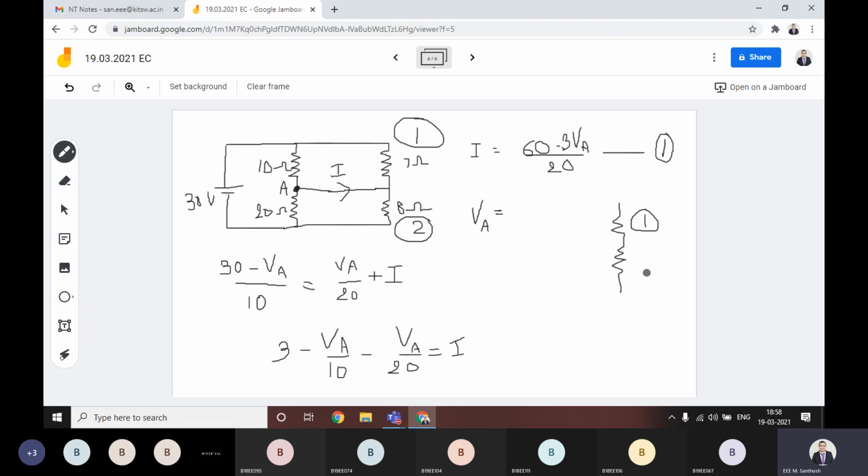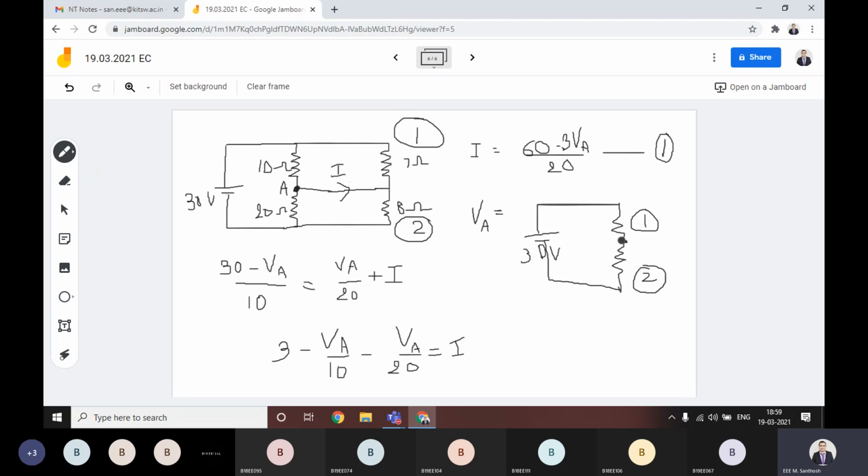Then actually we are having 30 volts. Out of this 30, this is a series circuit. As it is a series circuit, it is a voltage divider. Then you can find the voltage at this point. This is actually this VA point. You can find the voltage. You're getting everyone?